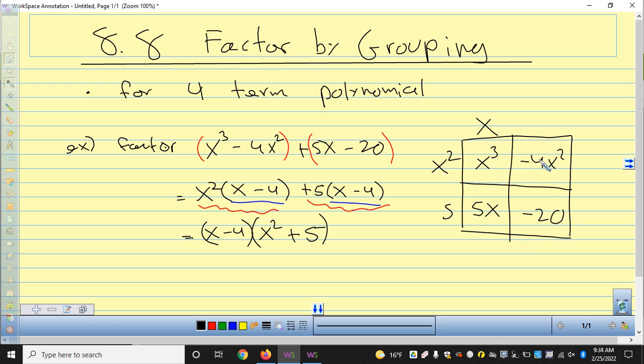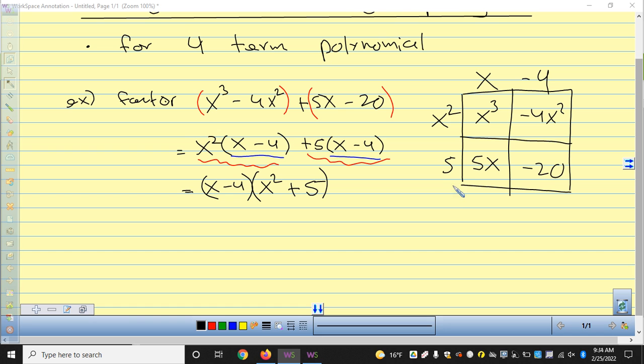The biggest number that goes into 4 and 20? 4. This is negative, so I'm going to put a negative there. And this tells me my parentheses are x squared plus 5 times x minus 4.